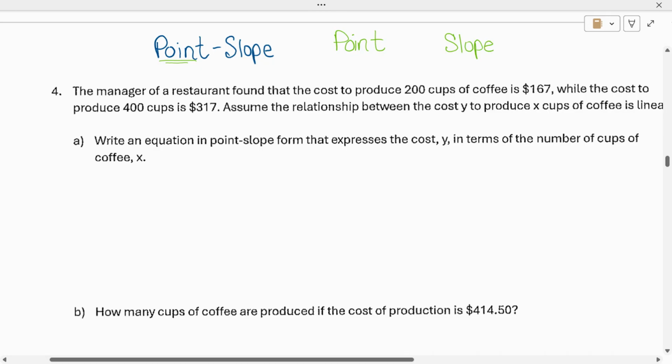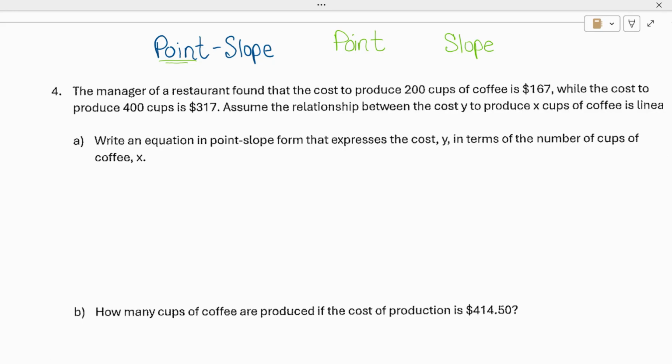Okay? So remember, it's going to give you slope and an ordered pair, or you may be given two ordered pairs. Okay? So let's read this. A manager of a restaurant found that the cost to produce 200 cups of coffee is $167, while the cost to produce 400 cups of coffee is $317.